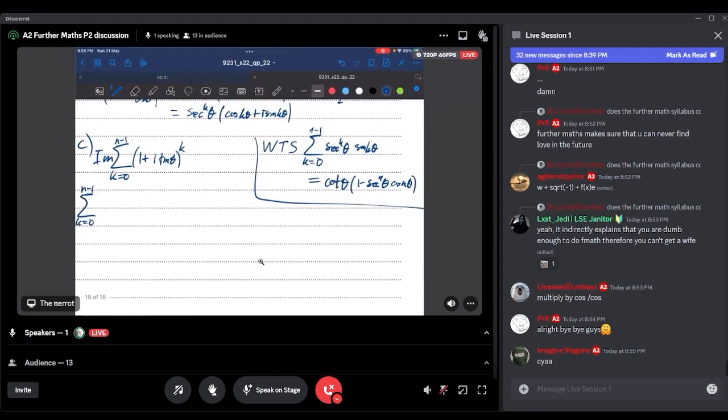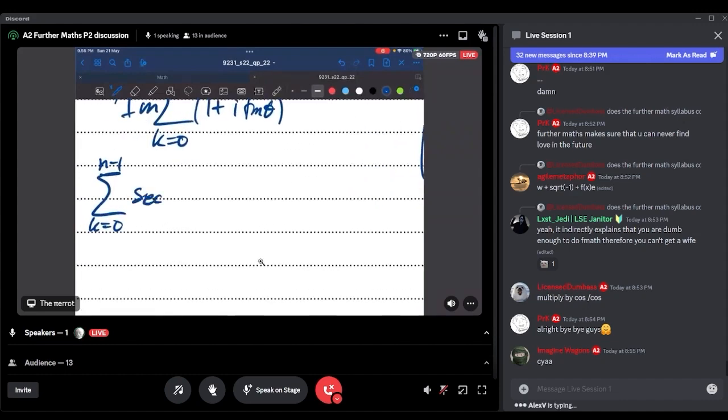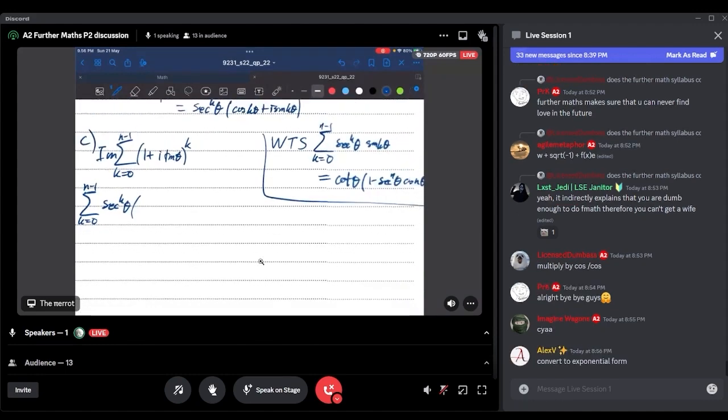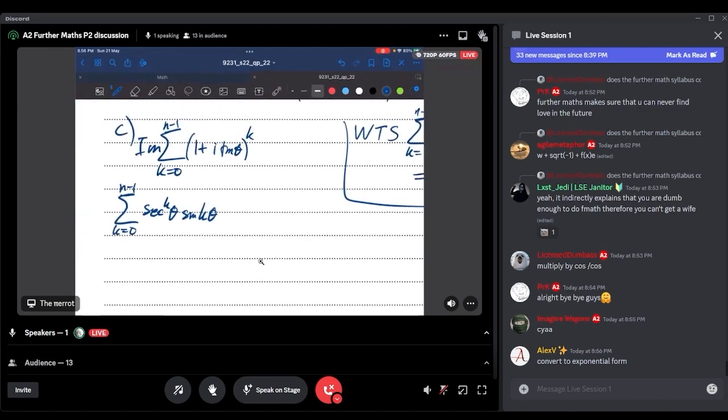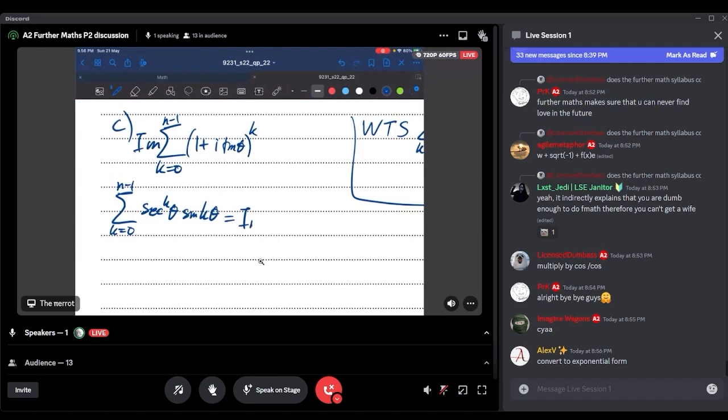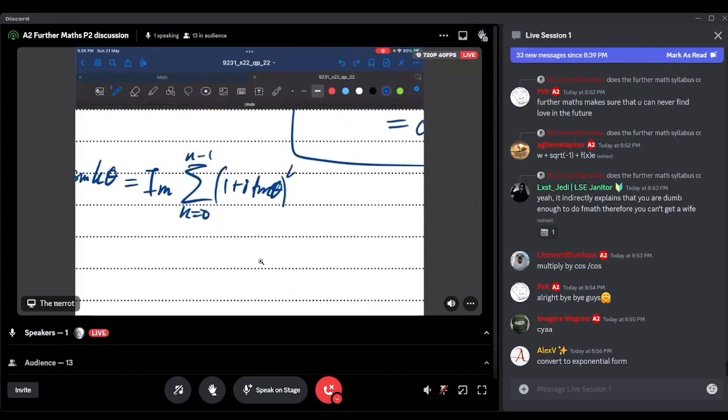Secant power k theta times sine k theta, if we take the imaginary part. So this is the imaginary part of the sum from k to n minus 1 of (1 plus i tangent theta) power k. But then, this is just a geometric sum again, where the r is 1 plus i tangent theta.